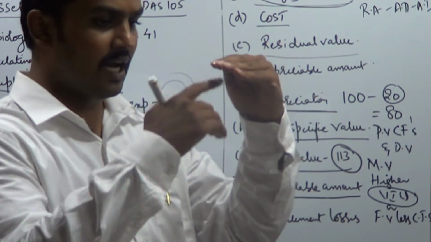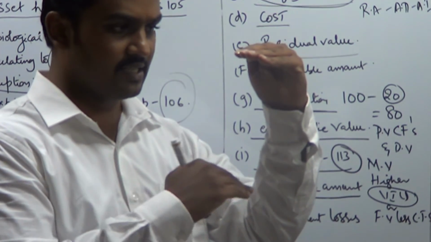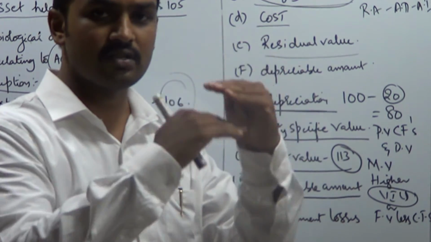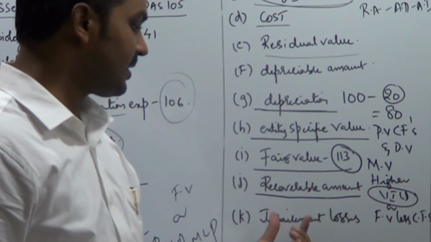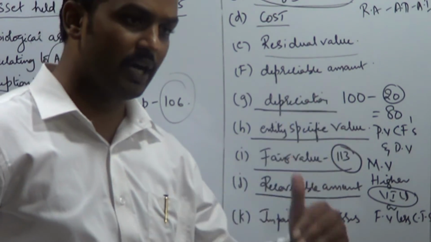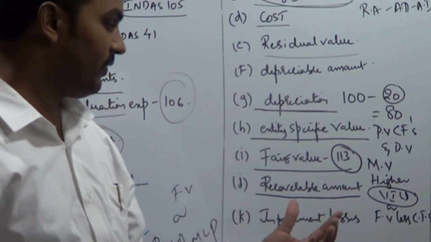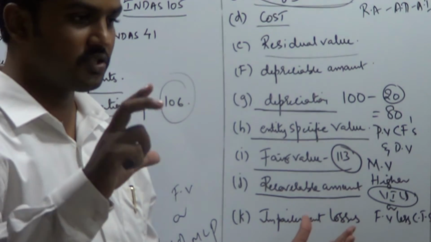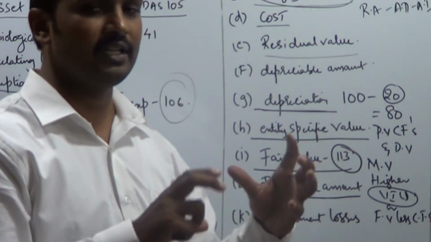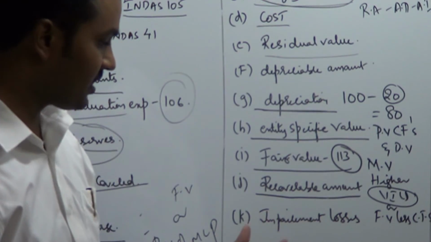If it is lower than the carrying amount, that means I have incurred more and I am going to recover less. In such cases, I am going to suffer some loss. Such loss is called impairment loss. So when the carrying amount of the asset exceeds the recoverable amount, we say that the asset is impaired. The difference between the recoverable amount and the carrying amount is called impairment loss. Accounting treatment is prescribed under Ind AS 36.